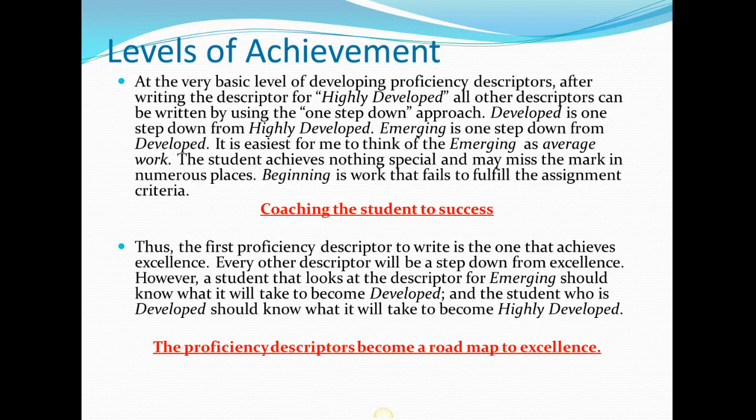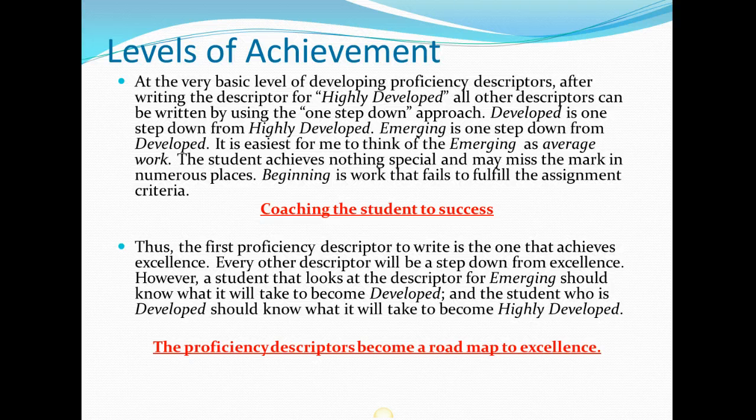At the next level, you'd be discussing a low A or maybe a high B. At the emerging level, you'd be discussing a low B, maybe a C, and at the beginning level, you'd be talking about somebody who maybe gets a very low C or D, or even fails to achieve the assignment at all, but at least attempted the assignment.